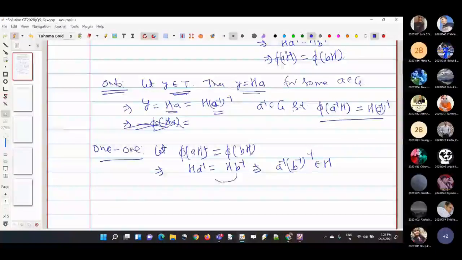If we multiply on both sides by b here, it becomes identity. Here what we get is a inverse b, and b we can write as inverse of b inverse like this. So this should be a member of H. Like this you can memorize.